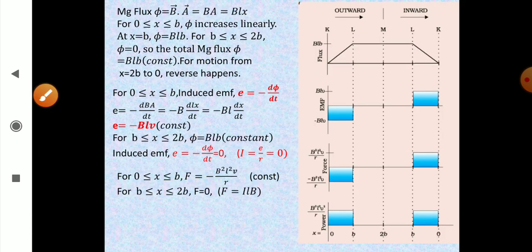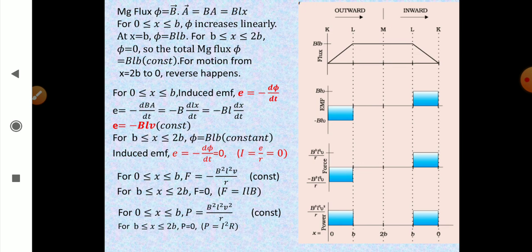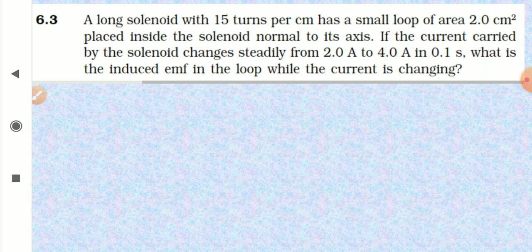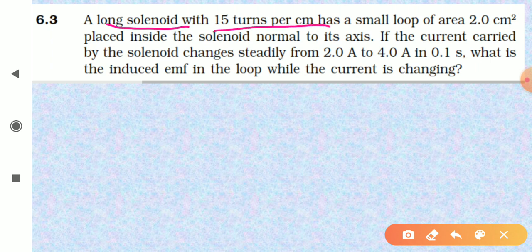So, this is a very interesting problem, and it has been asked in boards many times. So, let us move on to the next problem, an unsolved problem from your NCERT book. The question is, a long solenoid with 15 turns per centimeter has a small loop of area 2.0 square centimeter placed inside the solenoid normal to its axis.